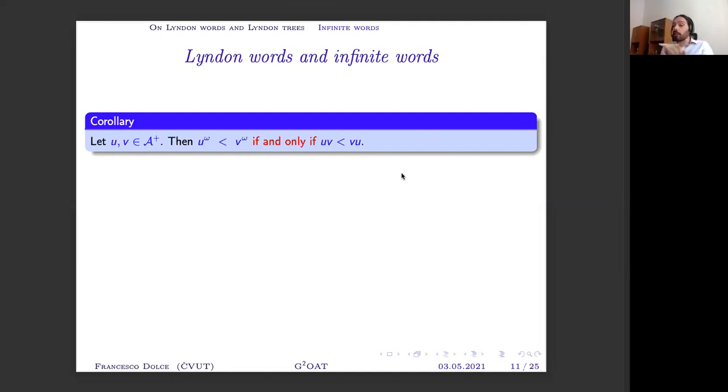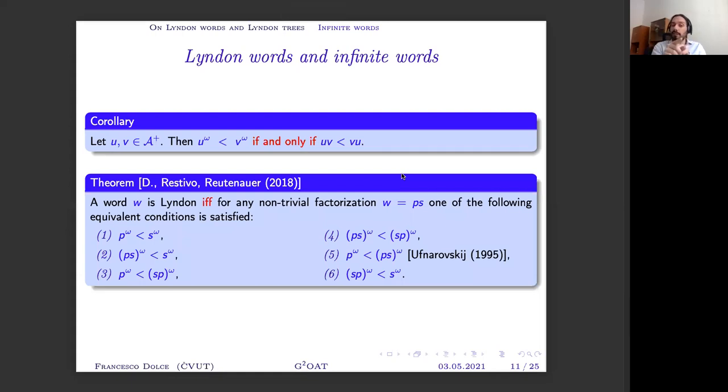And if you remember how we defined Lyndon words, that means that we now have new characterizations of Lyndon words, because we know that a word w is a Lyndon word if and only if for any factorization ps, I have that ps is more than sp, but this is equivalent whenever I consider ps itself or ps to the omega.